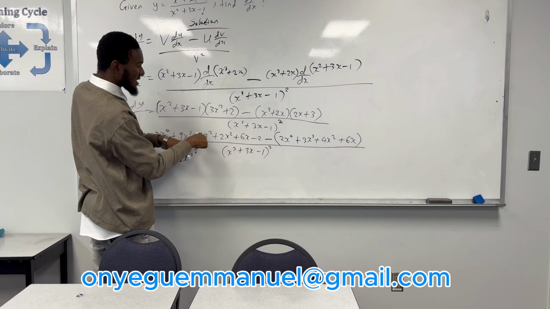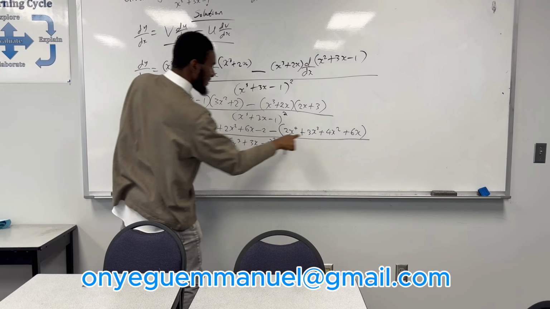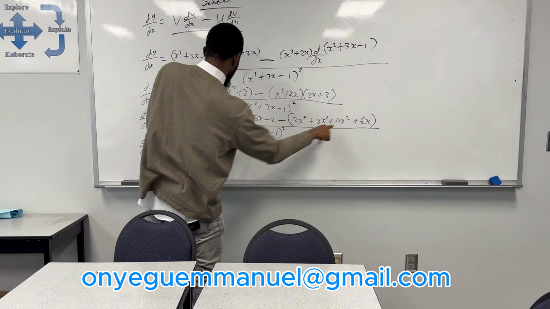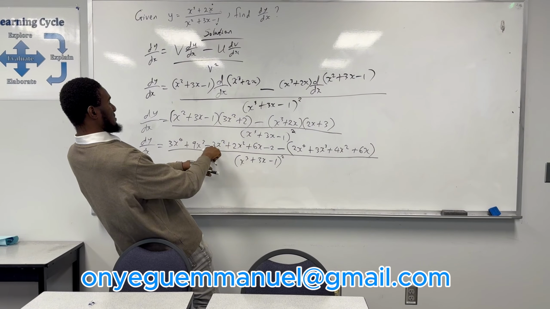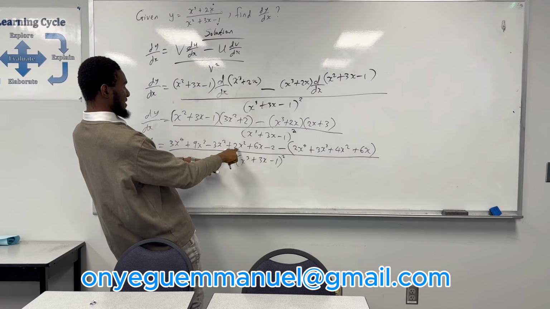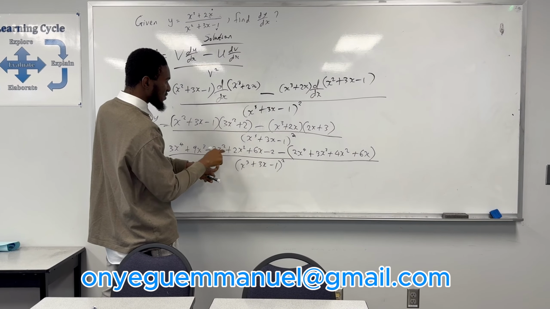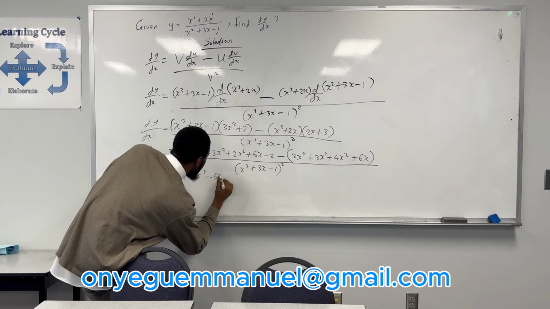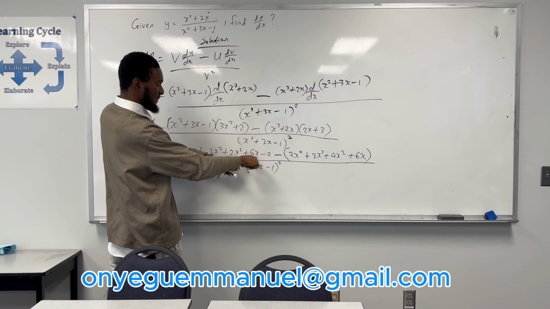Here you have minus 3x squared plus 2x squared, which will give you minus x squared. So minus x squared minus 4x squared will give you minus 5x squared. The next thing here is 6x.